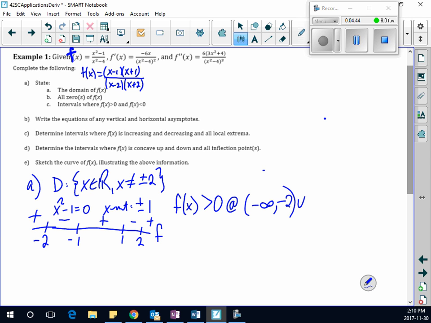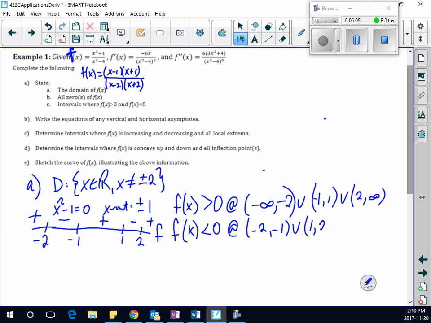So it's -1 to 1 and 2 to infinity. And it's going to be less than 0 at -2 to -1 and 1 to 2.